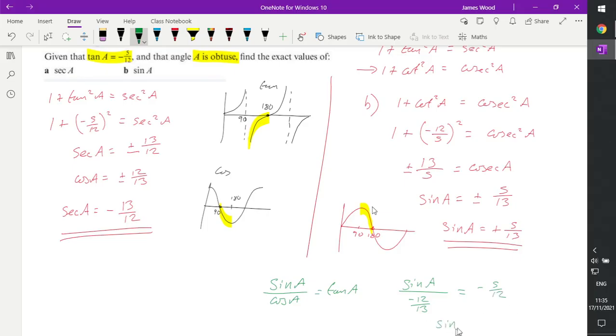From that, you can calculate minus 5/12 times negative 12 over 13 gives you positive 5 over 13. So you could get to it that way as well. Okay.